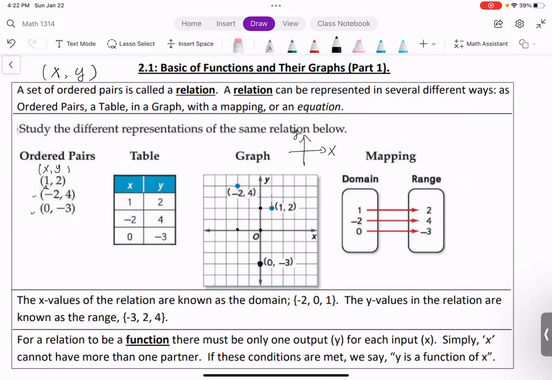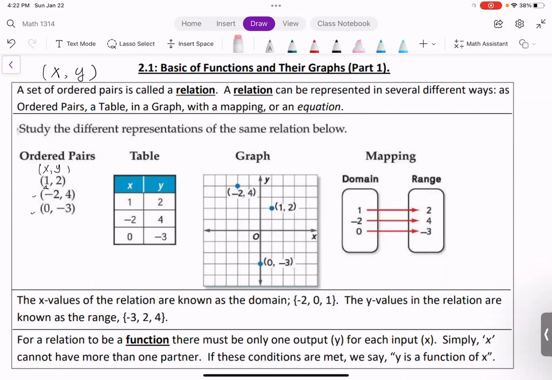The X-axis is a horizontal line. Any point on this XY plane, for example, if I have a point 1, 2, this point's X value is 1, because if I draw a vertical line, here the X value is 1, and for the Y value, I draw a horizontal line, here is 2. So this point is 1, 2.